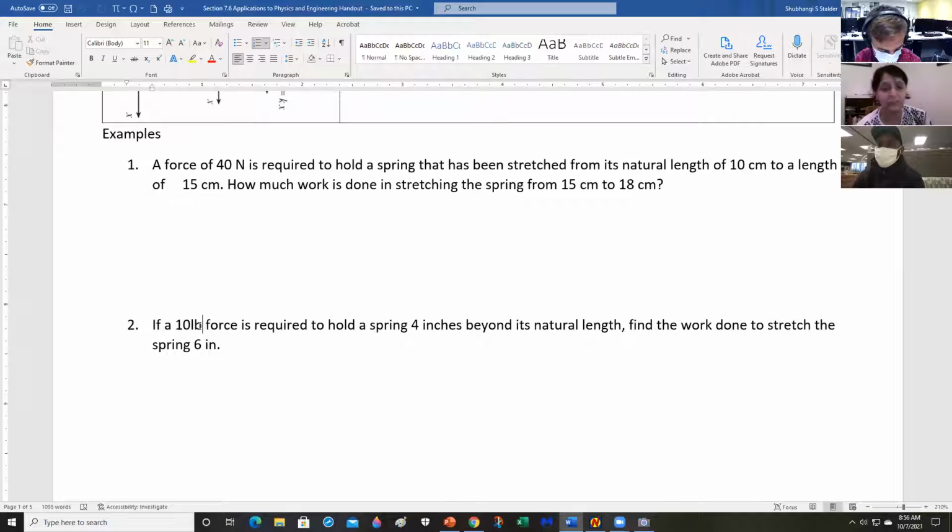Yeah, Newtons per meter. That's correct. Because the x is measured in meters. That's very good. It's like slope. You know, it's like a rate of change. k is the force required per meter of movement in the spring. That's how you can think of k, like Newtons per meter. How much force per meter is required? That's what k is. And that's specific to that particular spring, whatever material it's made of.